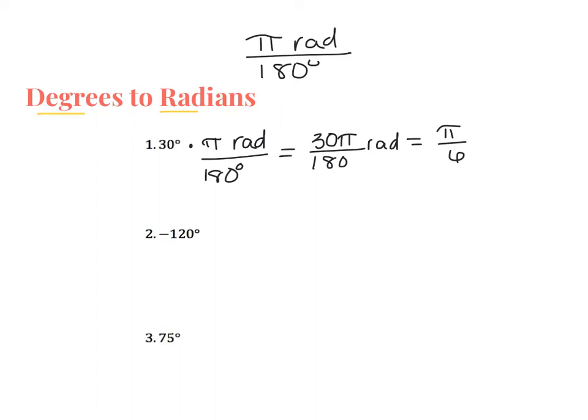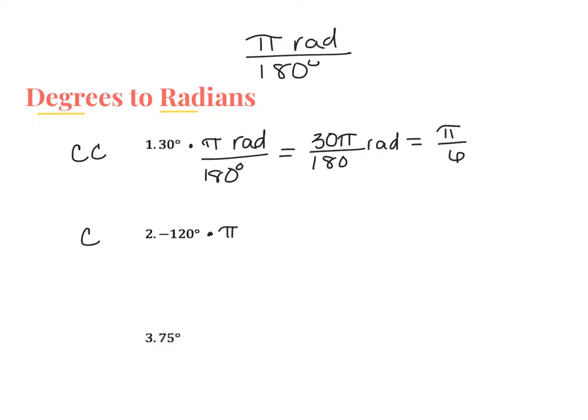These can be either positive or negative. We'll look at how if we rotate counterclockwise, that is positive, and if we rotate clockwise, it becomes a negative angle. So for this one, we are rotating 120 degrees clockwise.